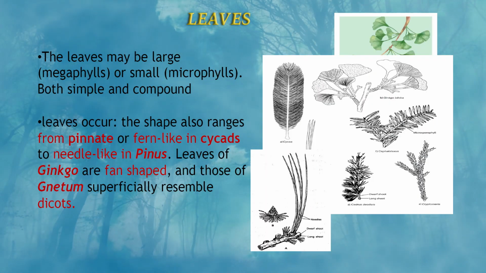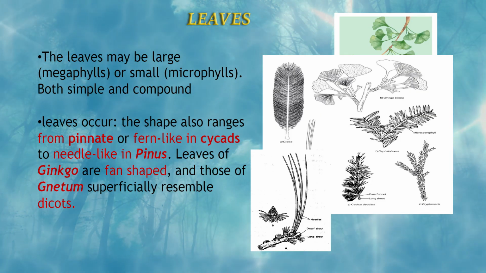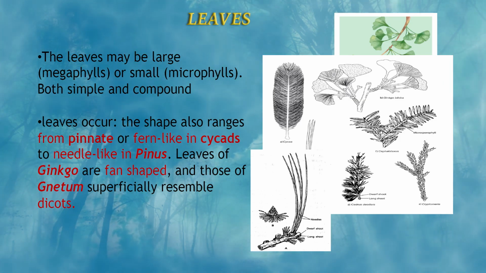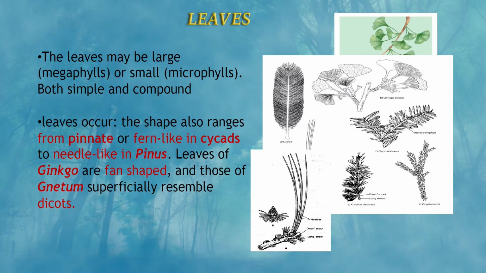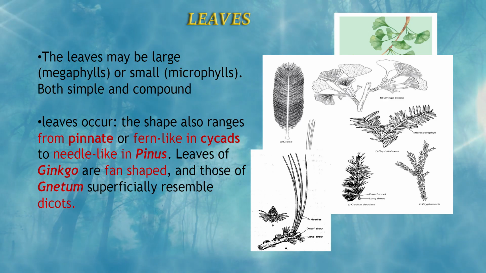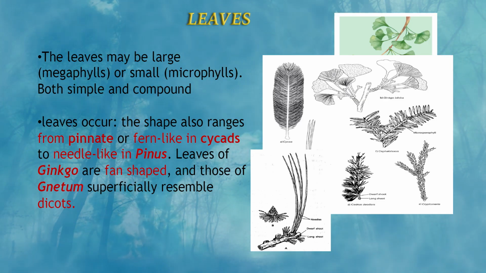Cycas, Pinus, Ginkgo, Ephedra, every plant has a different kind of leaves. Small leaves are called microphyllous, while the big leaves are called megaphyllous. They are both simple and compound. We can see there are fern-like leaves in Cycas.